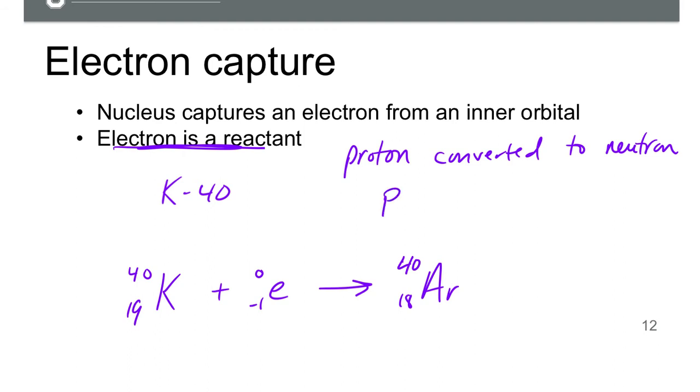So for a proton, it's going to have an atomic number of 1. We could use H. I guess your book uses that. That's what I showed on the table. Proton plus an electron. And if we add up our atomic number and mass number, we'll end up with a 1 and a 0, and that means we have a neutron. So you can see by nuclide symbol how we can take a proton, combine it with an electron to produce a neutron.